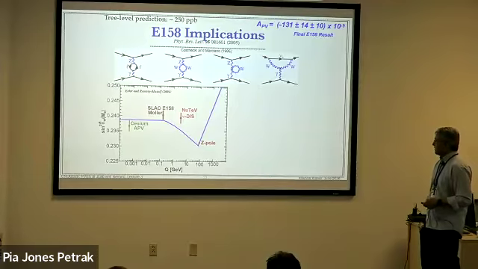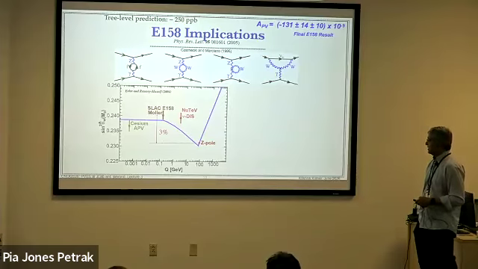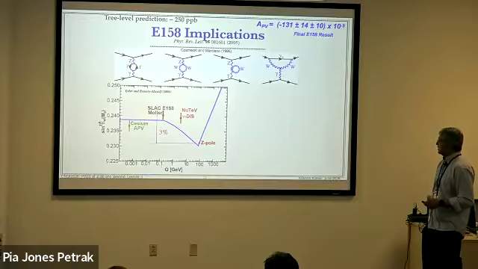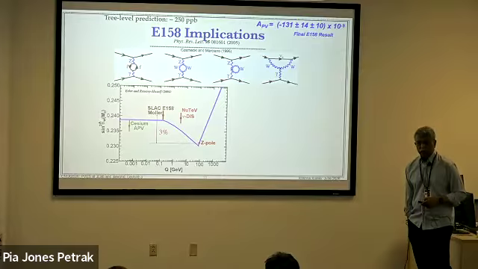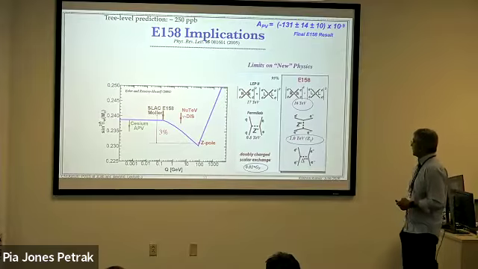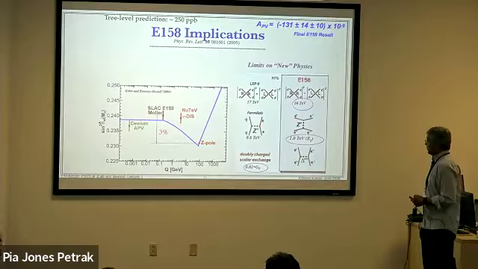SLAC E158 ran, this was the current situation, and we were able to show that in fact, this measurement and this measurement are 3% different, 6 standard deviations. We were able to show that sin squared theta w runs, showing that these diagrams were in operation. But of course, we are also looking for new physics.